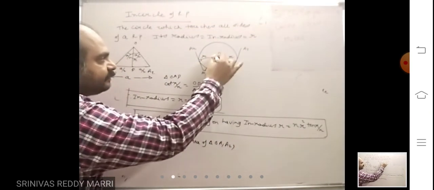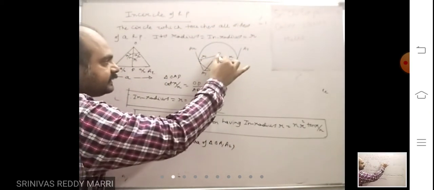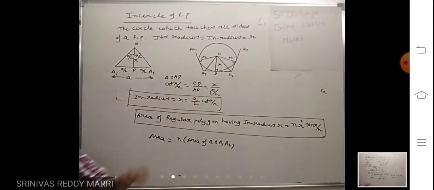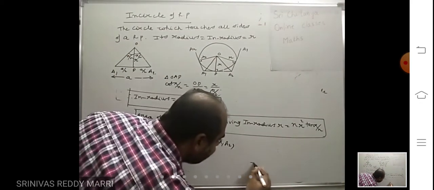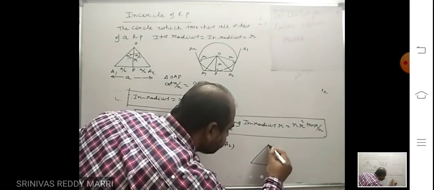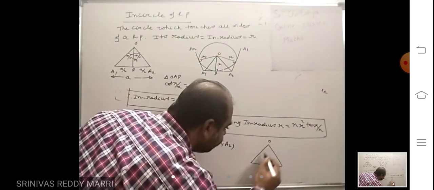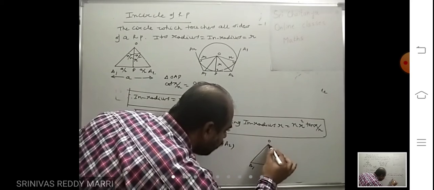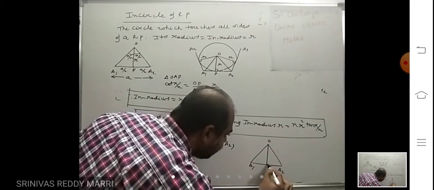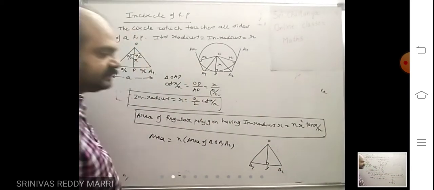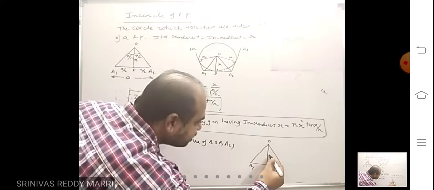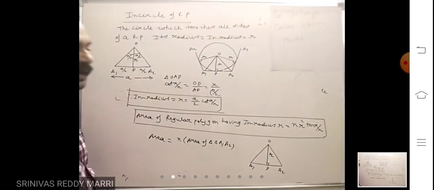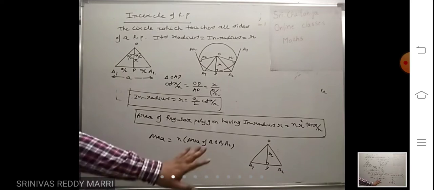Total area is n triangles, right? Now in the triangle, drop a perpendicular A1 A2. This is D. The radius is given to you. Side is not given, only the radius is given.